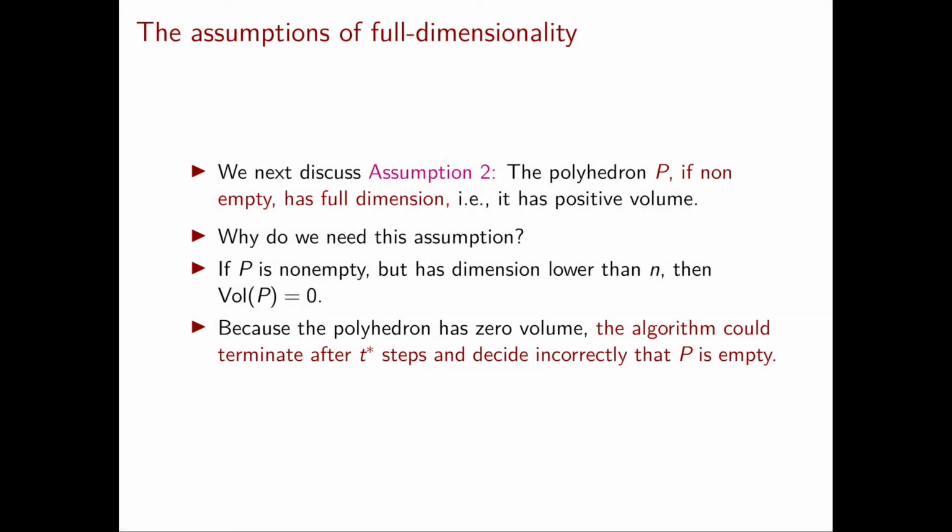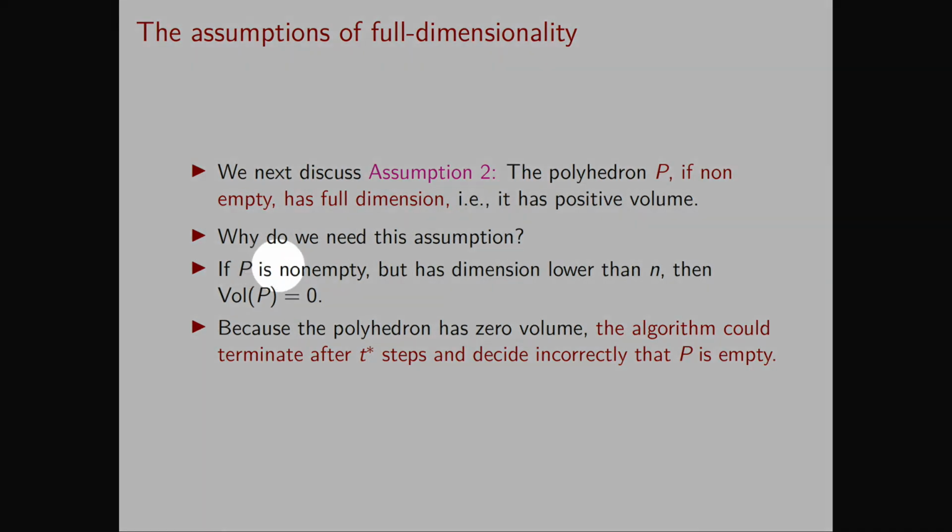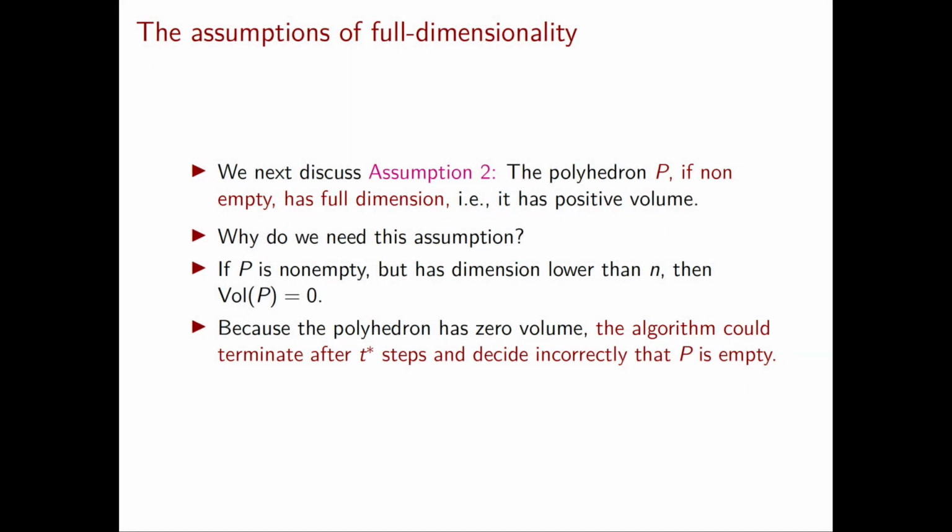This assumption states that the polyhedron P, if non-empty, has full dimension, or equivalently, it has positive volume. The first thing we need to understand is why we actually needed this assumption in our simplex method. This is because without this assumption, P could be non-empty and it could have volume equal to 0 at the same time.